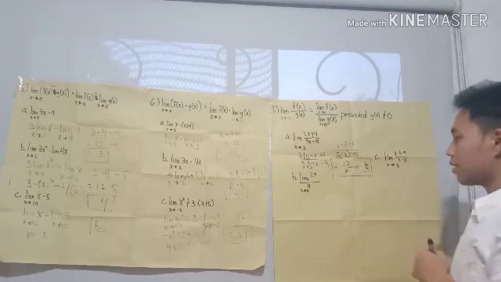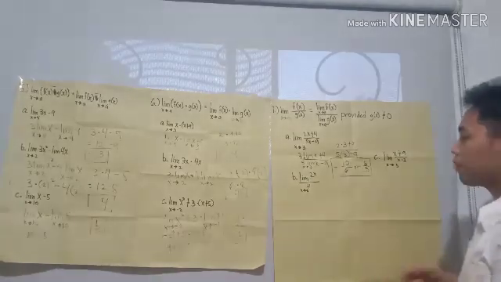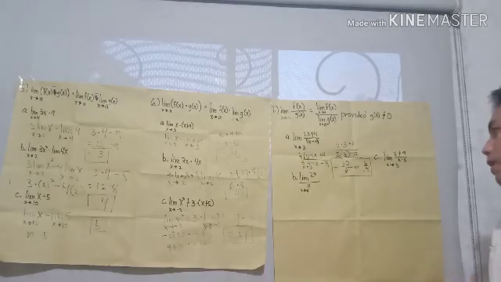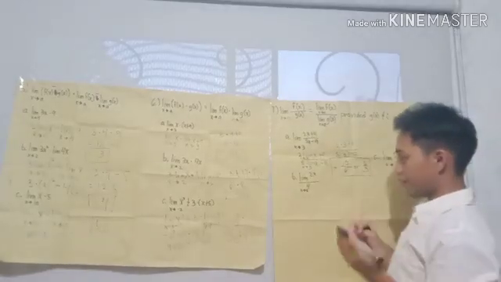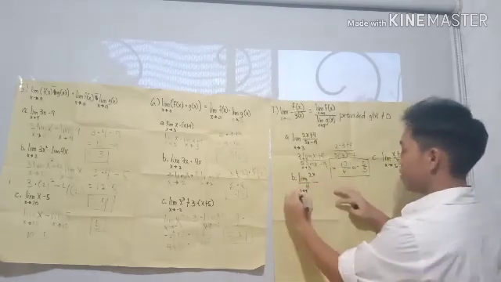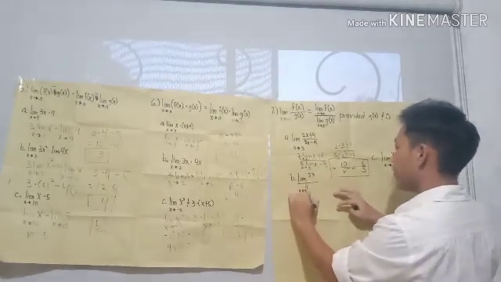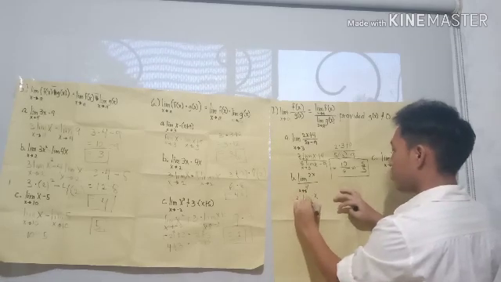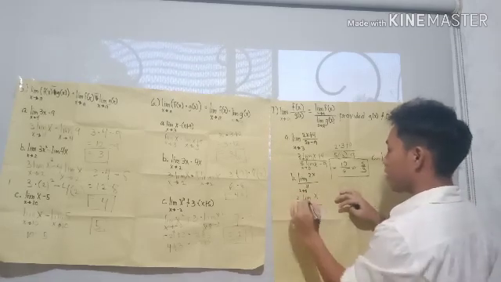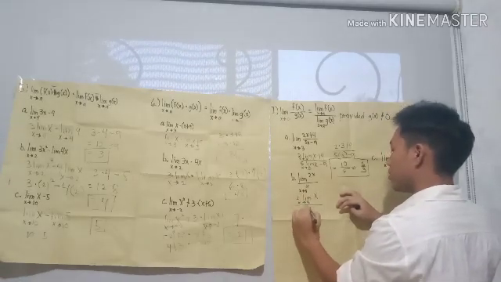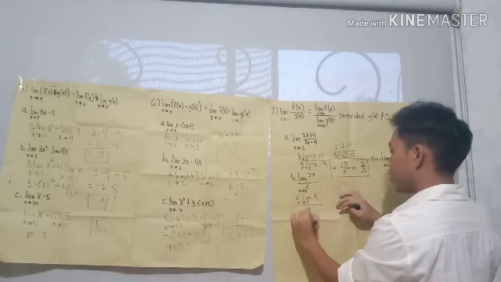Moving on to the second example, the limit of 2x over 4. Again, we arrange as done in Theorem 3. So 2 limit of x as x approaches 8 is divided by 4 as x approaches 8.